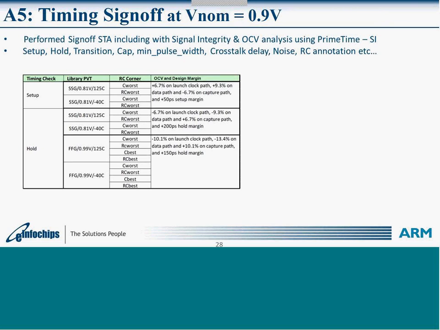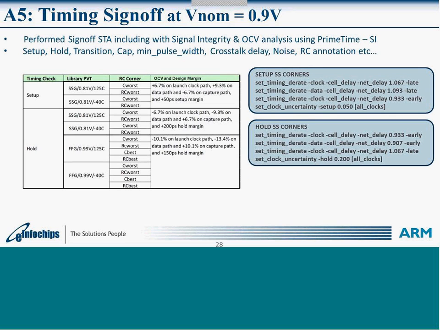Here you can see that for this A5 we had 4 setup corners with SSG, and for hold we had 12 corners, 4 with SSG and 8 of them with FFG. There are different OCV factors for setup SSG, hold SSG and hold FFG.